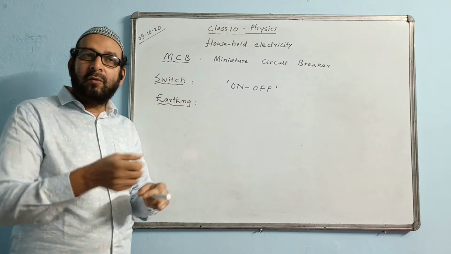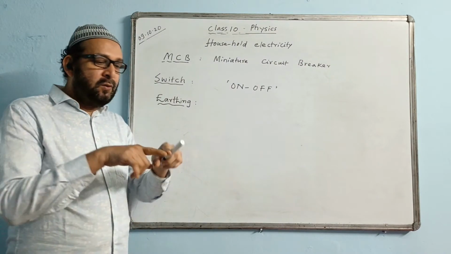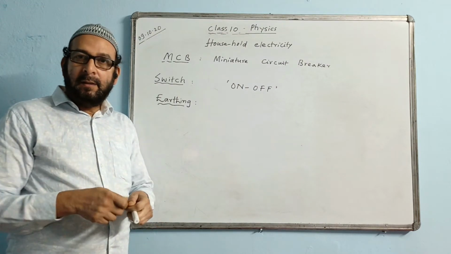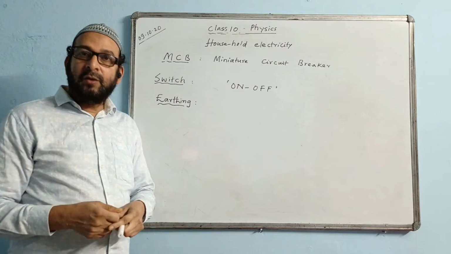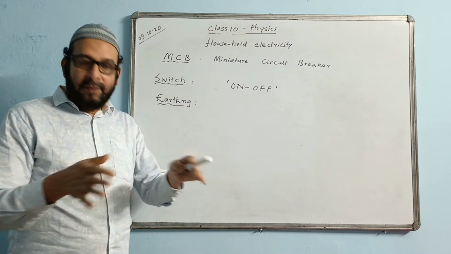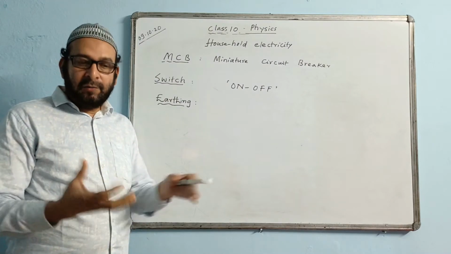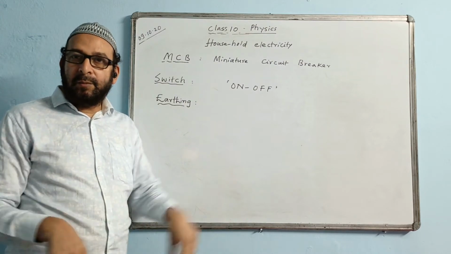Earthing is generally done by, I think you know the method, digging the ground almost 5-6 feet deep, and you put charcoal there and a copper plate wrapped with copper wire, and keep the area wet, or you choose an area where there is water logging. That kind of area we normally choose, so that a very good conducting layer is formed there.